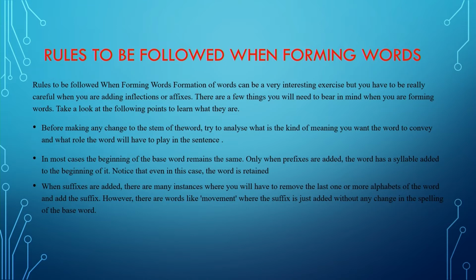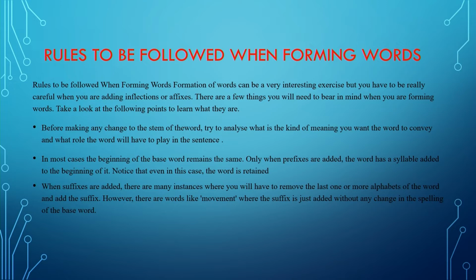And point 2, in most cases the beginning of the base word remains the same. Normally the base word remains the same. Only when prefixes are added, the word has a syllable added in the beginning of it. Notice that even in this case the words are retained.